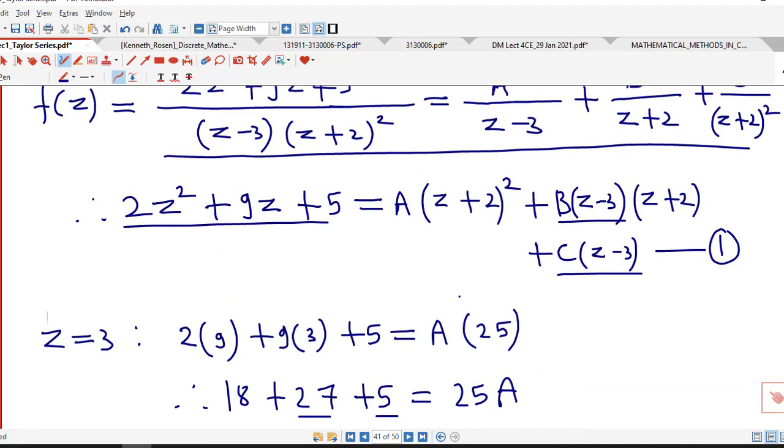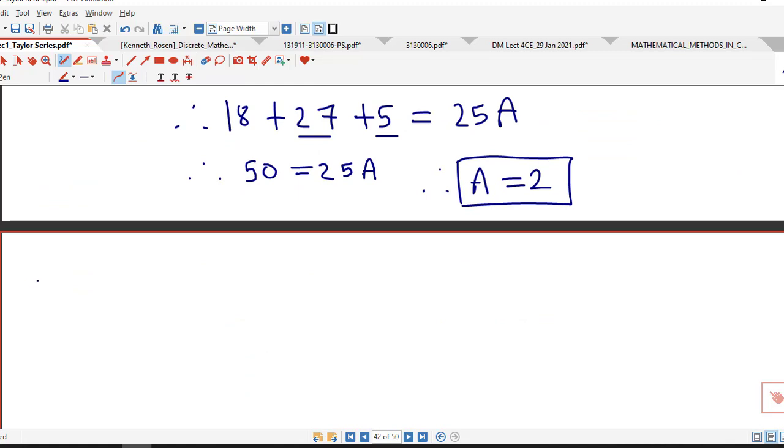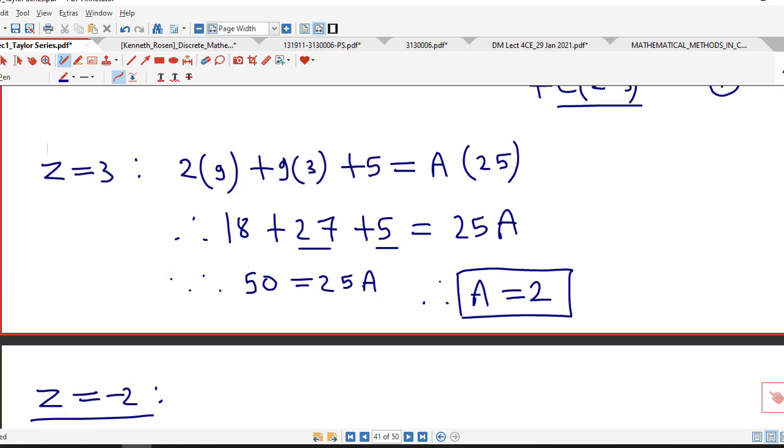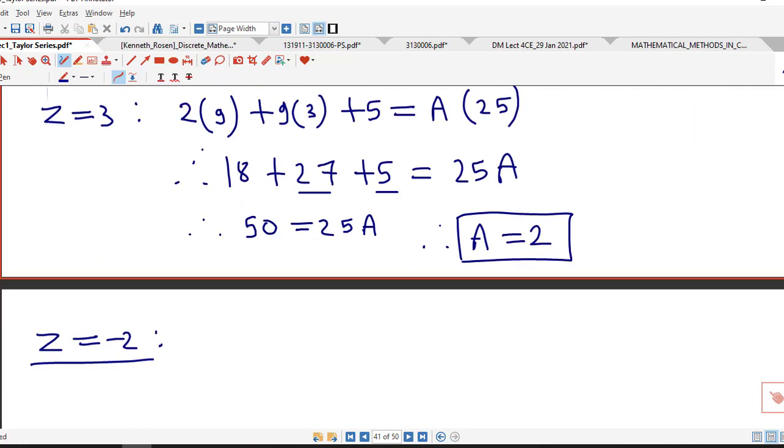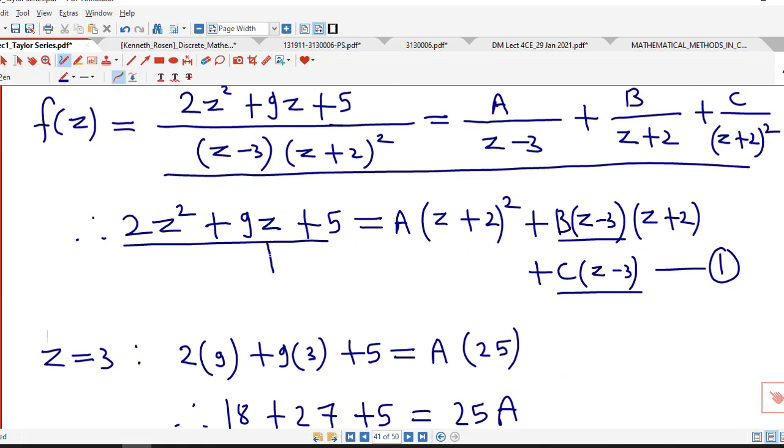Now we put z equal to minus 2. So we have 2 into minus 2 square, that is 4, and 4 into 2 is 8, plus 9 into minus 2, that is minus 18, plus 5.